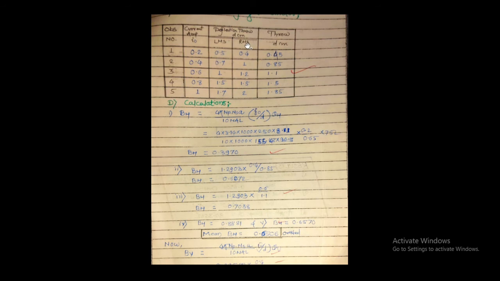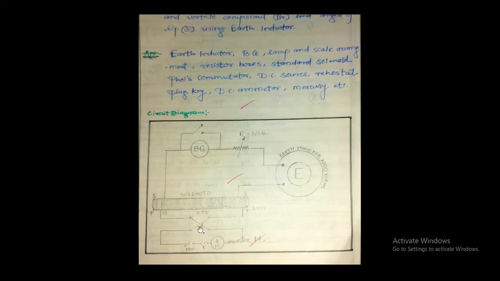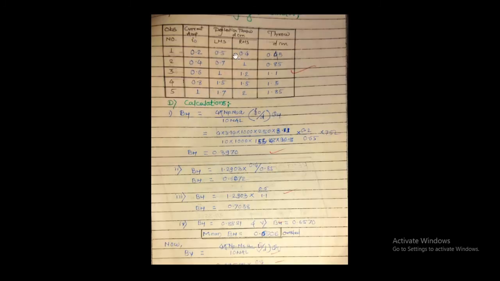Now it is the third observation table: current in ampere, deflection for LHS and RHS, and we have to take the mean. Again I am going towards the circuit diagram. With the help of this variable terminal of the rheostat, we have to vary the current in this DC ammeter for 0.1, 0.2, 0.4 and so on, and we have to measure the corresponding deflection.